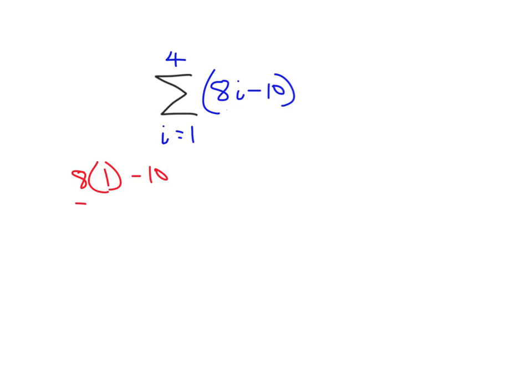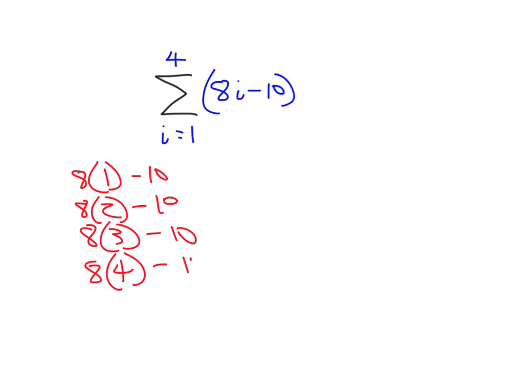Then we're going to take 8 times 2 minus 10, 8 times 3 minus 10, and 8 times 4 minus 10. Alright, so these two numbers here tell me where we're starting at 1 and where we're ending at 4. Okay, and it tells me I'm just going to put 1, 2, 3, 4 in here for i, get an answer.